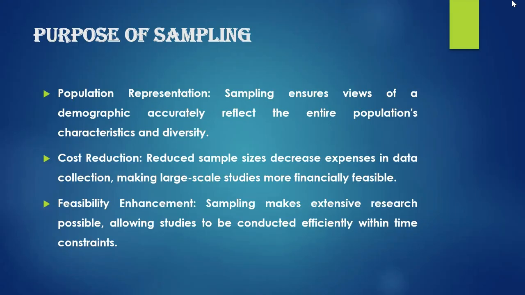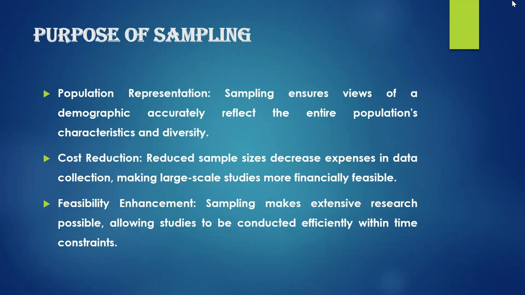Then comes feasibility. To study large populations without examining every element. It refers to the practicality and ability to conduct research effectively within the given constraints of time, resources, and effort. Sampling makes it possible to study large populations by examining a smaller, manageable portion.